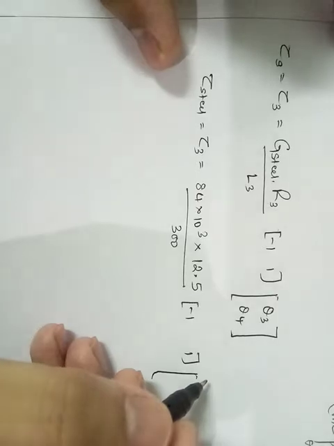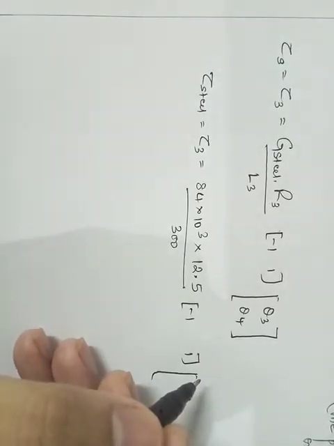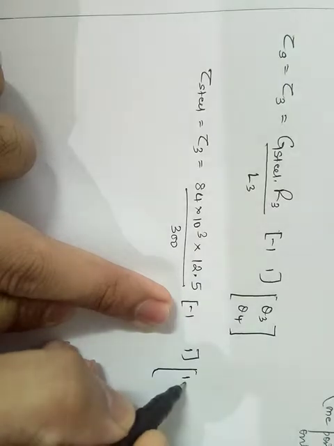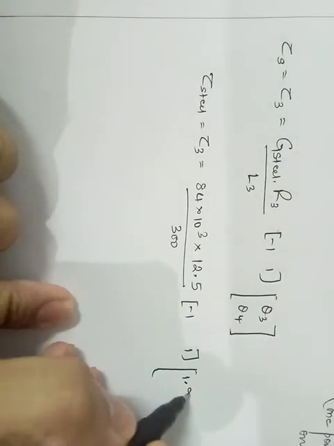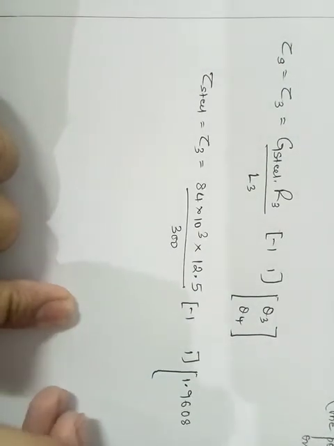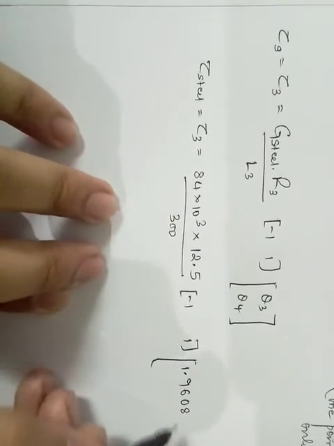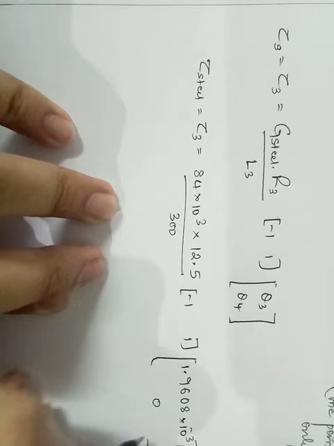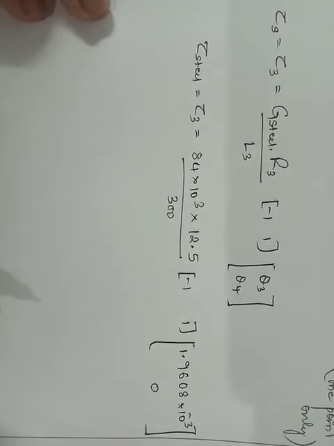Theta 3 value is 1.9608 into 10 raised to minus 3. Theta 4 is 0.